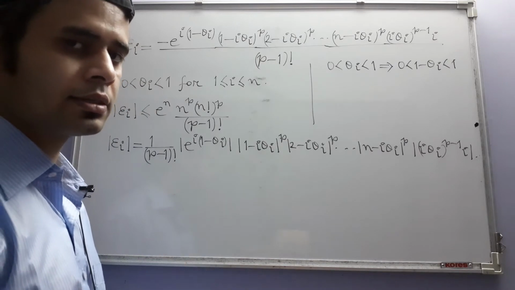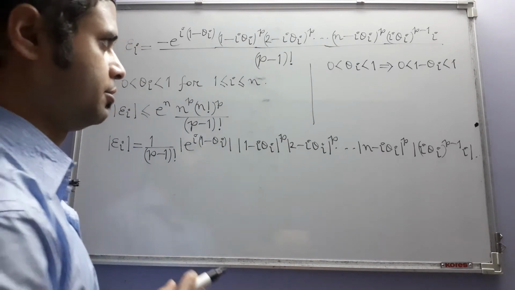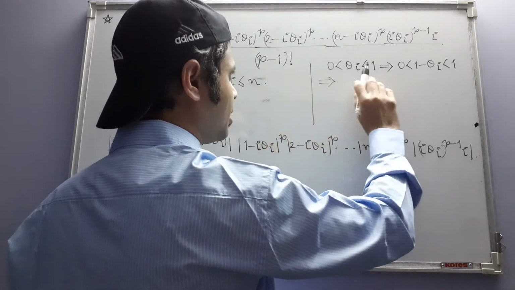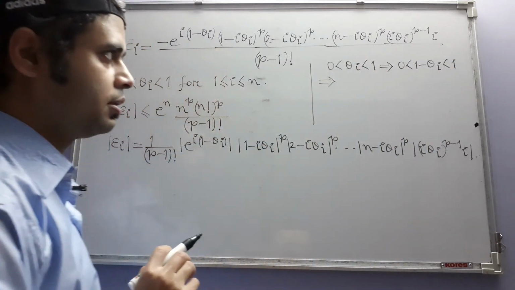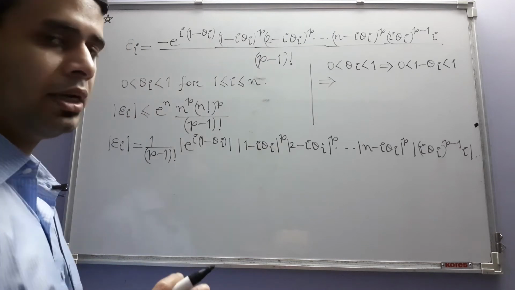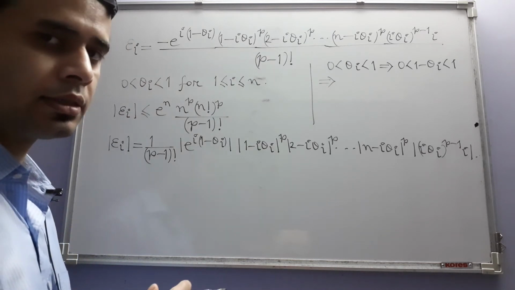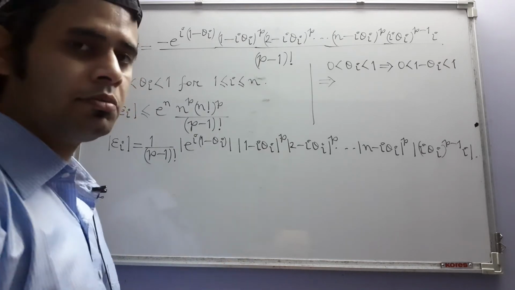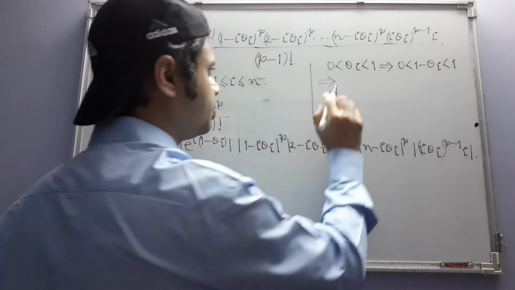I think I said something like this in the previous video also. Now if we multiply throughout by i, the inequalities will remain intact, in the sense that they will not get reversed, and that is because i is a positive integer.